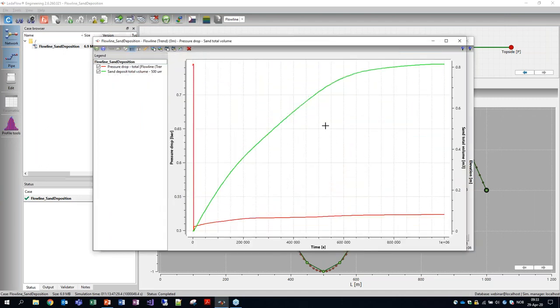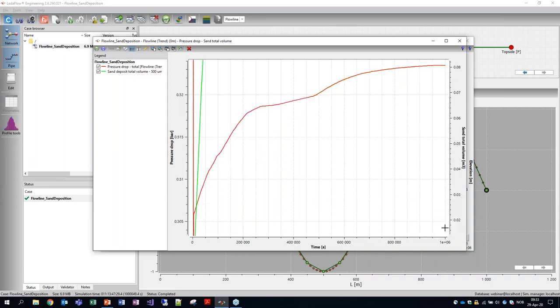You can see it's very subtle in this case. This first spike you should disregard, that is just a change in flow rate. But if you look at this part of the pressure drop, here you can see the effect of the sand accumulation. The flow rates are not that high, so it's a rather small increase, but it is showing.